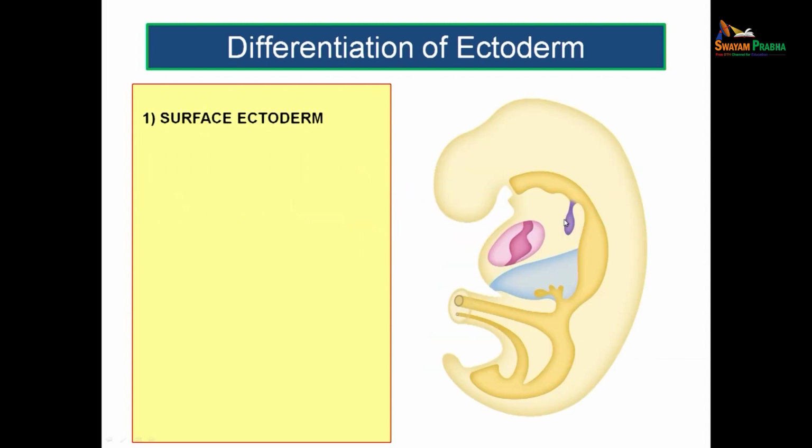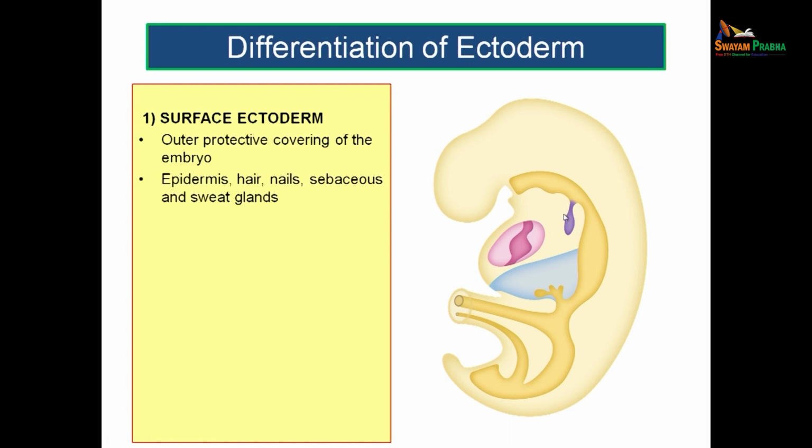So, let us see what are the derivatives of surface ectoderm. Surface ectoderm is actually giving rise to the epidermis, hair, nails, sebaceous and sweat glands, because this is forming a protective covering of the embryo. So, all those structures which aid in the protection of the embryo will be derived from the surface ectoderm.